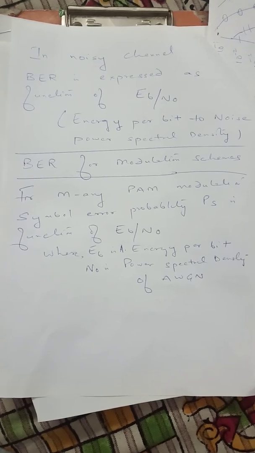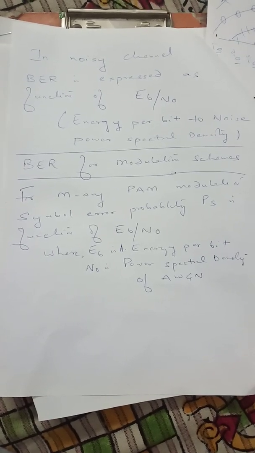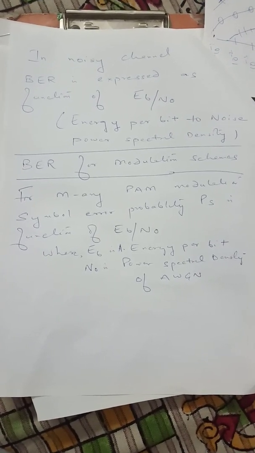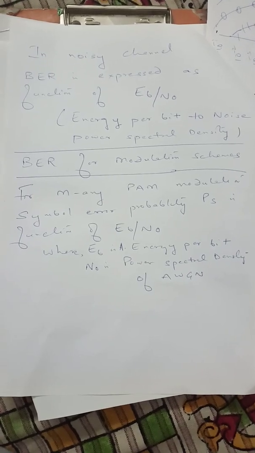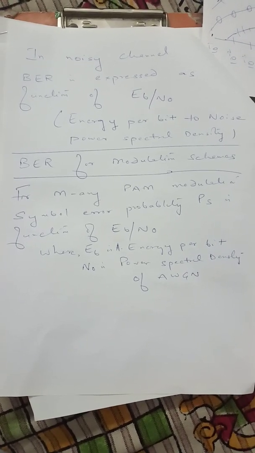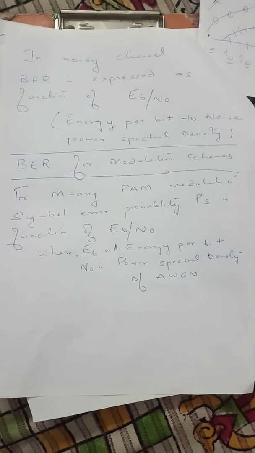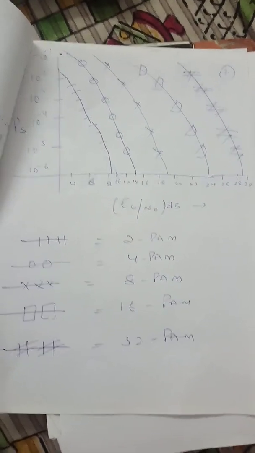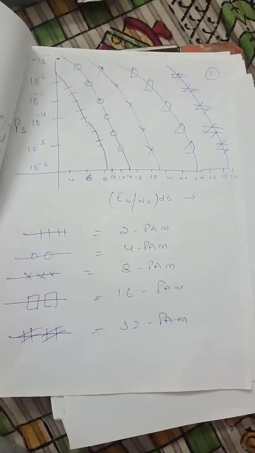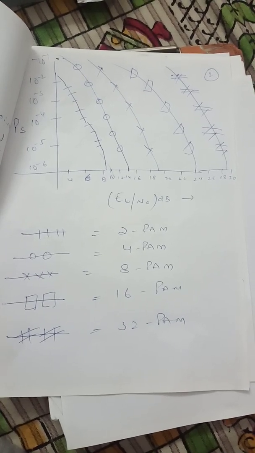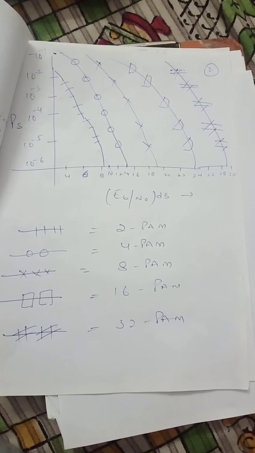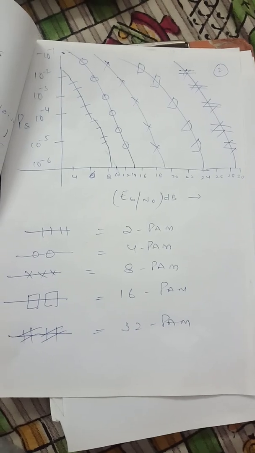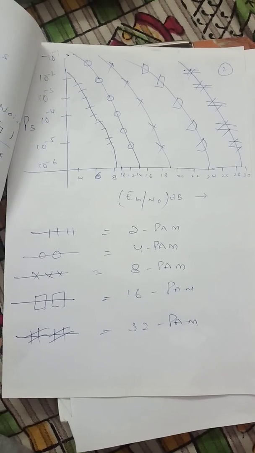For a multiple user M-ary PAM modulation scheme, the symbol error probability is defined as Ps, and there is a graph plotted between Ps and Eb/N0. From the graph it can be seen that there is a relation between Ps and Eb/N0 depending upon the M-ary value, that is 2, 4, 8, 16 and 32.